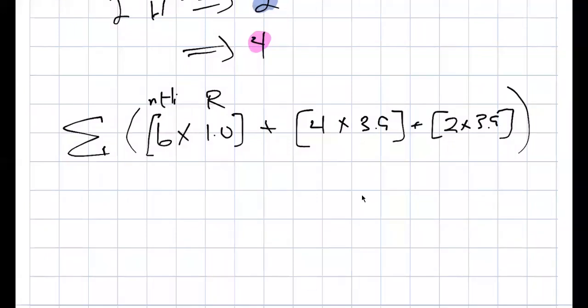All right. So that's 6 plus 7.8, and that's 7.8, 15.6. Is that right? Yep. All right. So 6 and 7.8 is 13.8, and 15.6 makes 29.4.